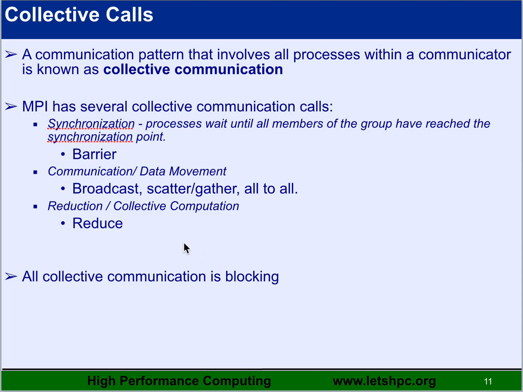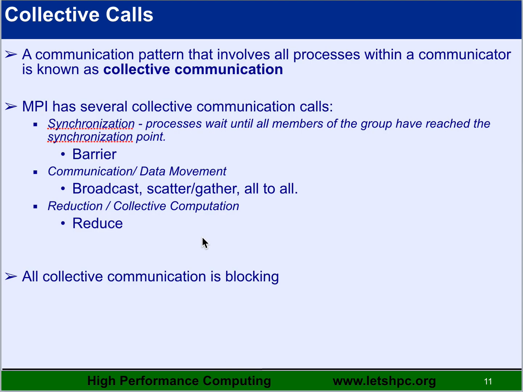And we might be interested in doing some kind of collective computations, computations which involve participation from many processes, so those can be achieved through special collective calls. So we'll take one example from each of these categories.